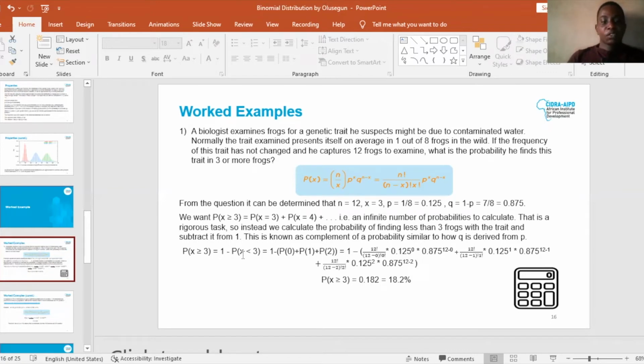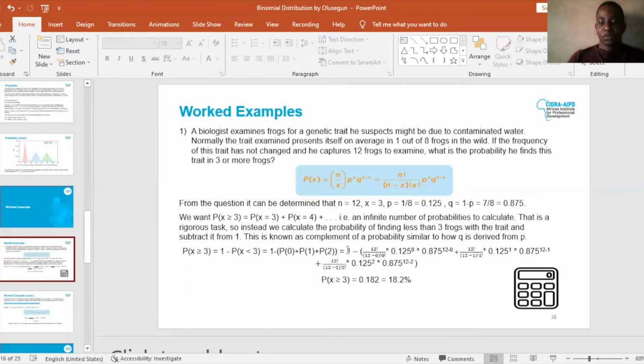So we find 1 minus the probability of x less than 3, which will be equal to 1 minus the probability of having 0 traits found in the frogs, or 1 frog, or 2 frogs. The probability of not finding the trait at all in any of the frogs is P of 0.